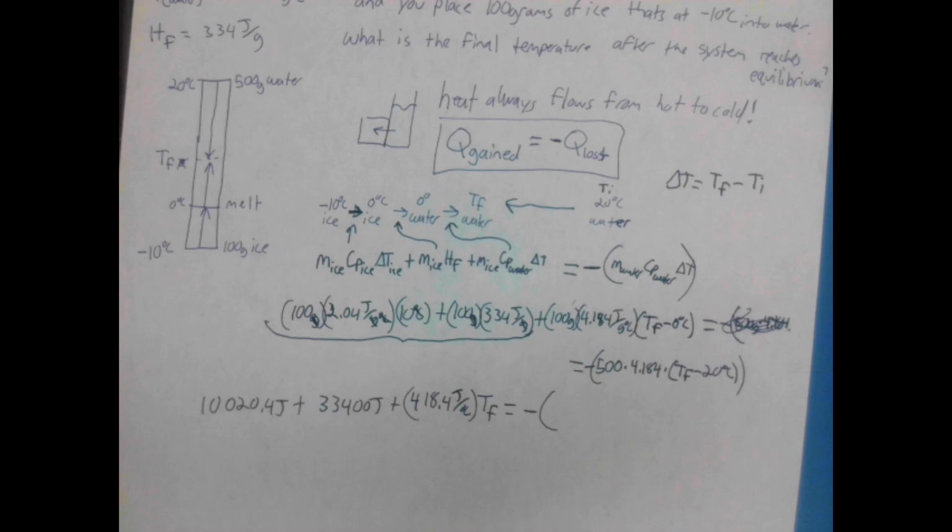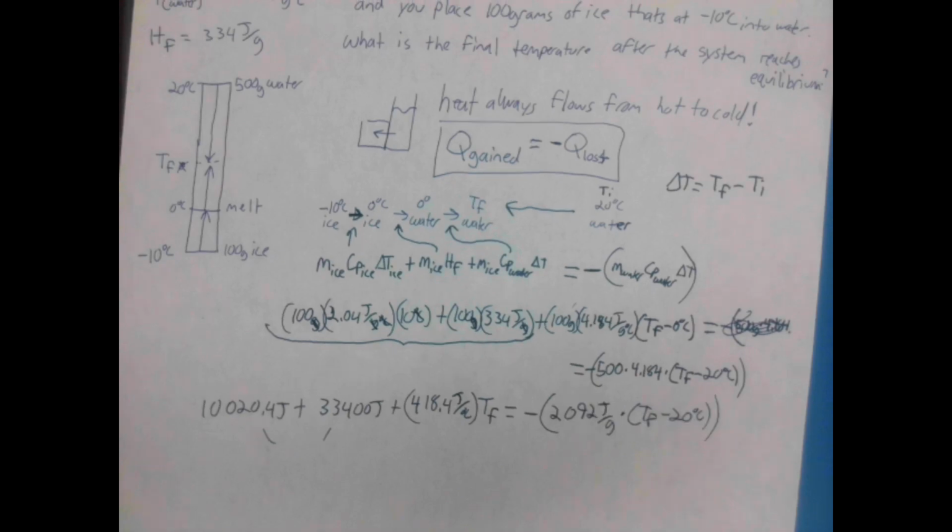Alright. Now we can add these together. So that's 43,420.4 joules plus 418.4 joules per degree Celsius times TF. I'm going to now distribute the negative and the 2092 into the equation.